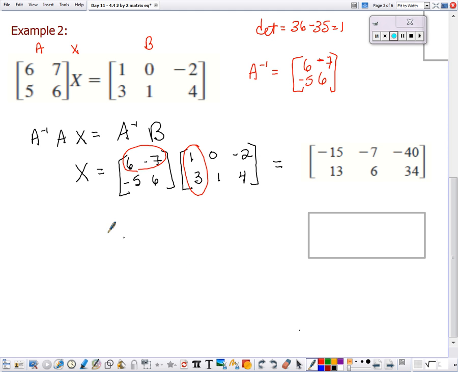I'll talk you through some of the work. 6 times 1 plus negative 21 is how we got negative 15. 6 times 0, negative 7 times 1. 6 times negative 2, negative 7 times 4. Negative 5 times 1 plus 18. 0 plus 6. And then lastly, 10 plus 24.